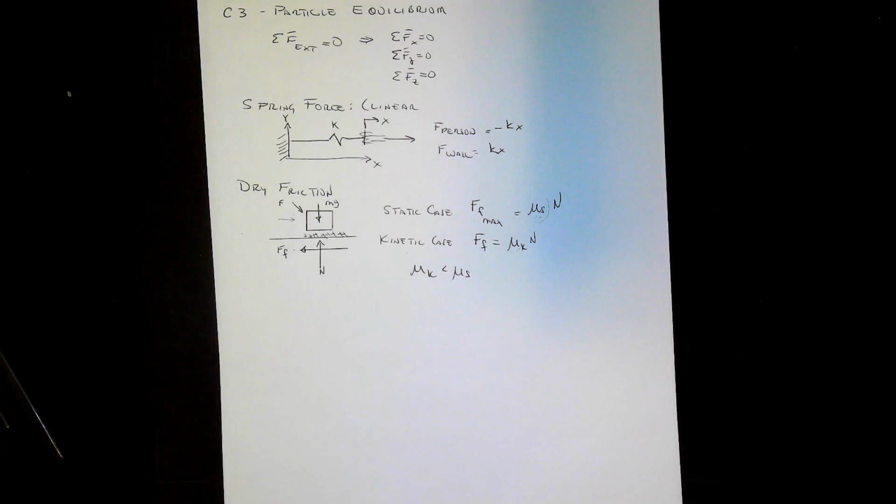You should recall that we have two cases. The static case and the kinetic case. For the static case, that means we're pushing and the box ain't going. The friction is too high, and the box isn't able to slide. For the static case, the maximum force of friction is μs times N. This is the coefficient of static friction.